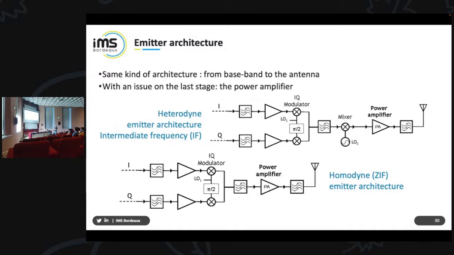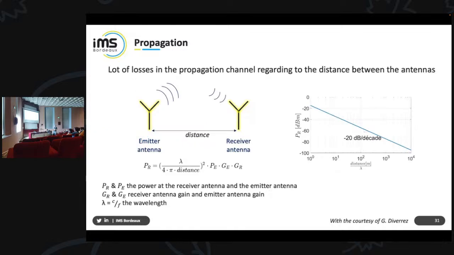Here you have the example of the heterodyne and homodyne architectures, and I don't know if you are familiar with them, but you can see there are always mixers, filters, antennae, power amplifiers, low noise amplifiers. We always need to up and down convert, amplify, and filter. Every radio is built like that to access the spectrum.